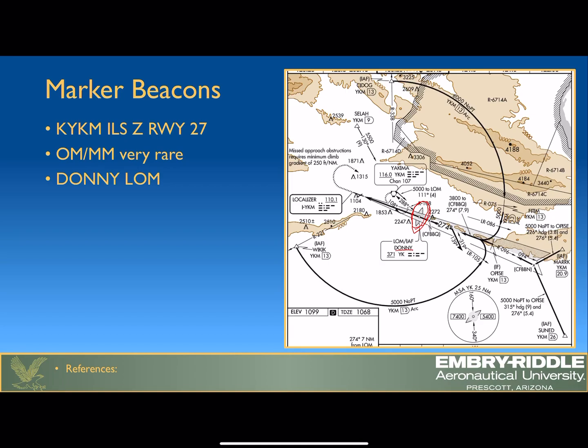So you can imagine, in a lot of major cities that have big airports, if you follow that approach end of the runway out, you're going to end up over someone's house where these markers should be. So that's why they're rare to find. Especially with GPS, they're just starting to be phased out. We're using GPS in place of the outer marker and middle marker, so you're just not going to find them as often.